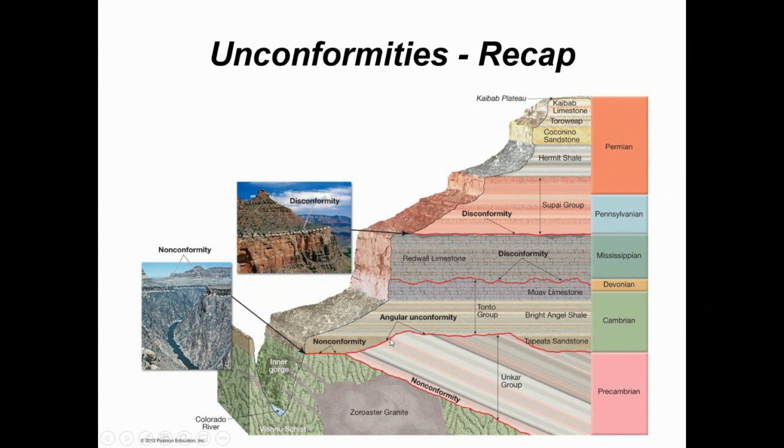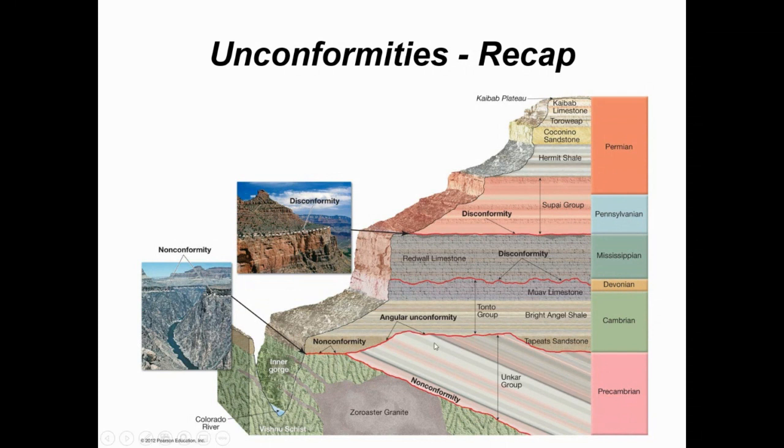Then right here we can see there's an angular unconformity. So that just means that before this erosional surface occurred, this Unkar group was tilted. In this case, it was tilted, whatever, 40 degrees or something, from left to right. It's kind of tilted up in that direction.